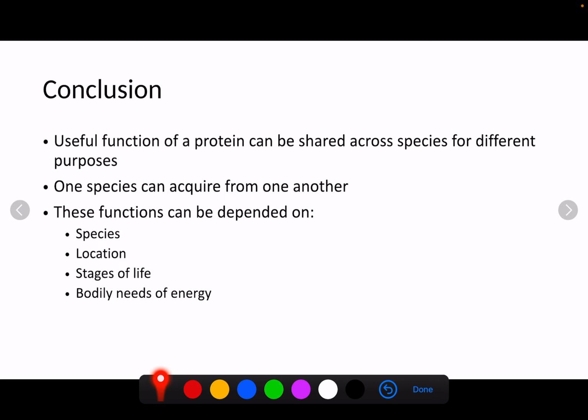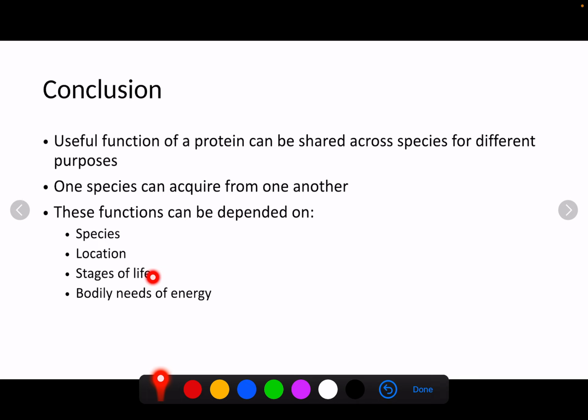For example, the virus picked up that eukaryotic selenocysteine element from a eukaryote. These functions can depend on the species, either virus or human, and on the location in the body. It depends on where the protein is based; it can have a different function or a different purpose.